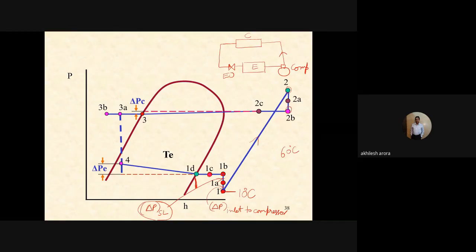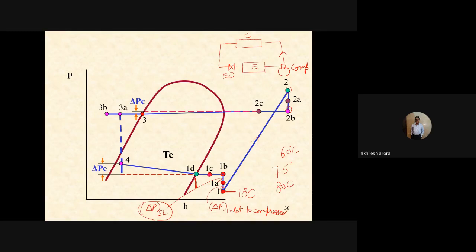Okay. Now in the upward stroke, when the piston moves up, what will happen? The temperature of the refrigerant will start increasing, and at some intermediate state, this temperature could be 75 degrees Celsius or 80 degrees Celsius. So what will happen?